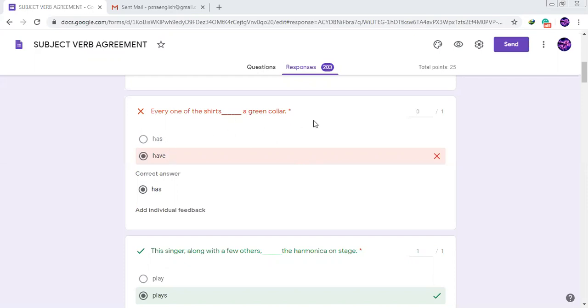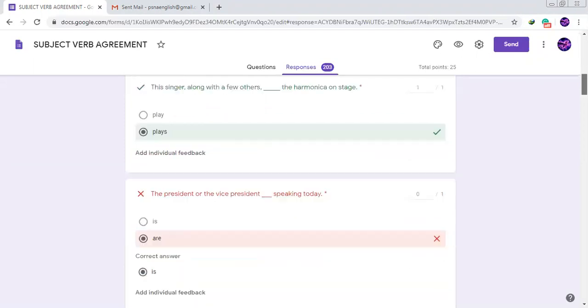As per the rule I told you, each one, everyone, everybody, no one, nobody is always singular. So the subject starts with everyone, so it is singular. The correct answer is has, but the student has given have. So please understand that when the subject starts with each one, everyone, everybody, no one, nobody, it is always singular. So the answer is a singular verb.